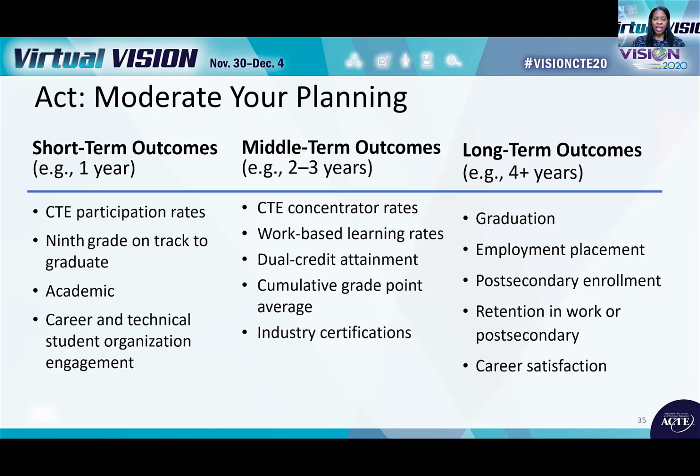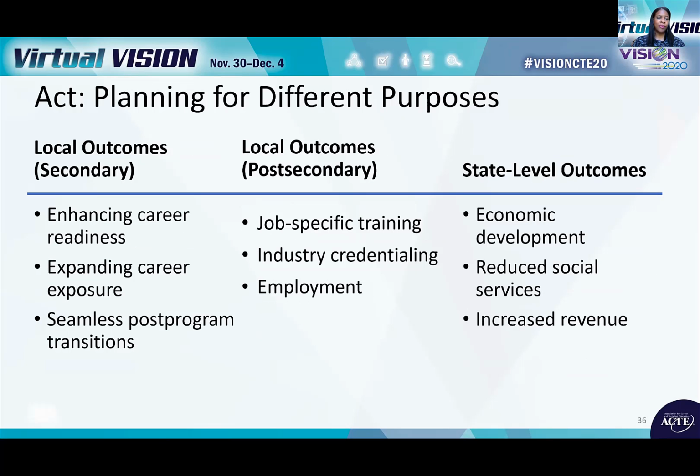And you also might have planning that you are doing as you are acting and revising your action plan, your operational plan, that looks at the setting and the purpose for your planning. It needs to recognize that the purposes for your work might differ. You might have planning that is occurring for secondary, planning that is occurring for post-secondary or state level outcomes.